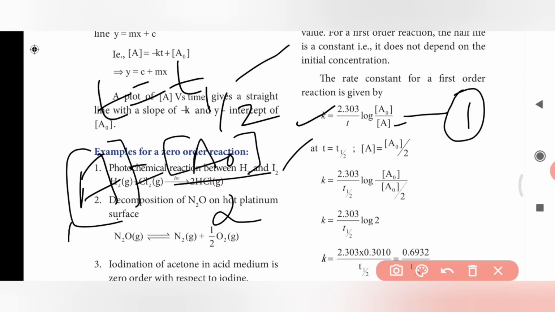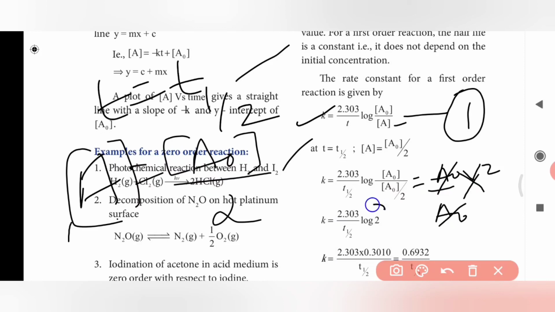After the reciprocal we get a naught into 2 divided by a naught. After cancellation of a naught we get only 2, so we put log 2. K equal to 2.303 by t half log 2.